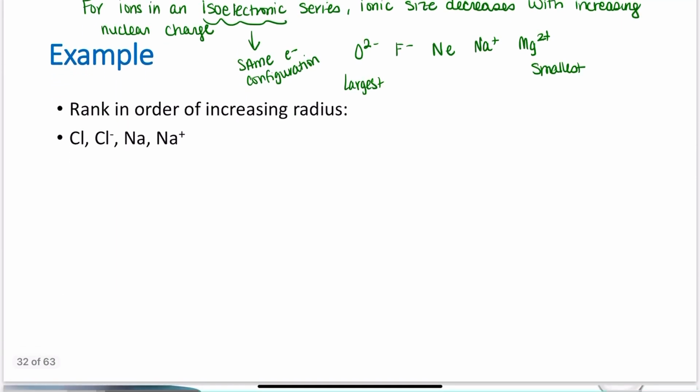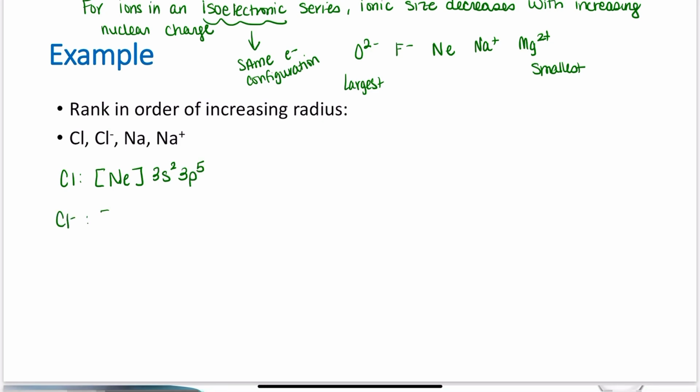So let's rank the following in order of increasing radius: chlorine, chloride ion, sodium, and sodium ion. Chlorine, we're going to write the abbreviated form here, is neon 3s2, 3p5.